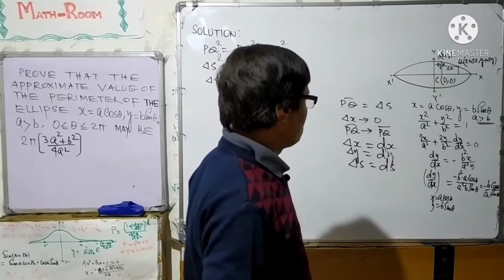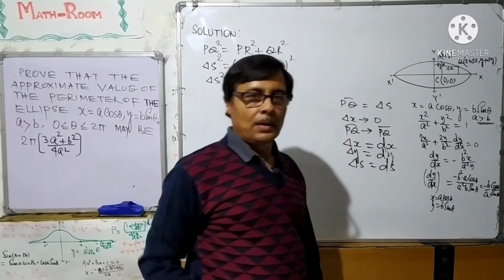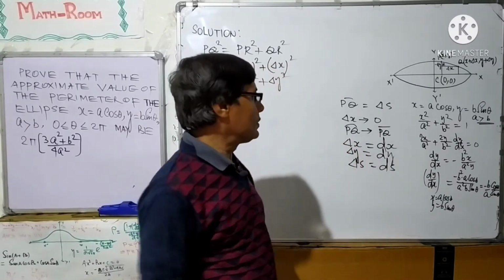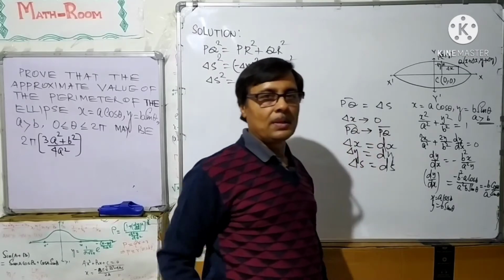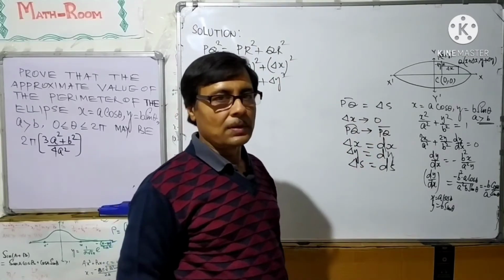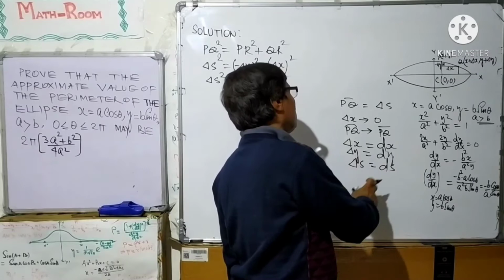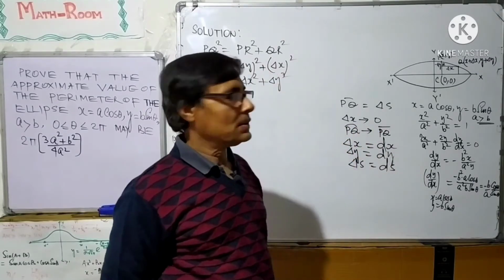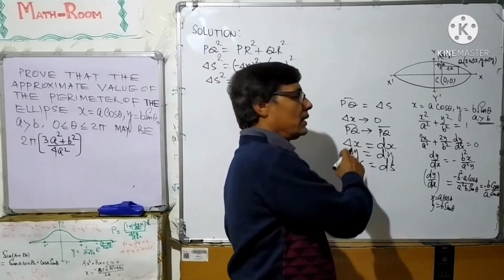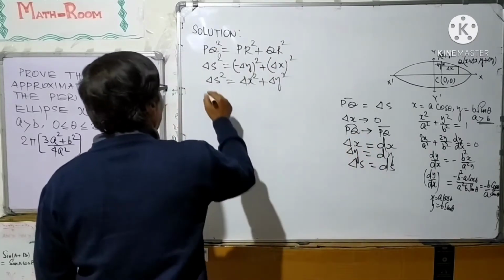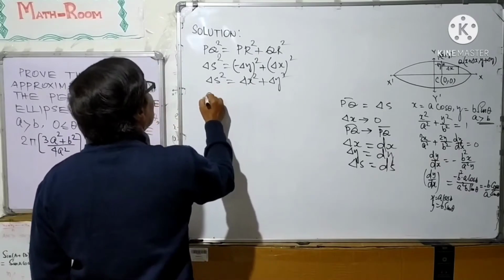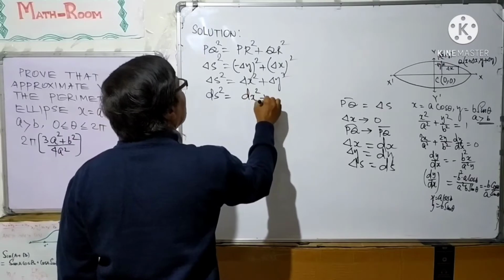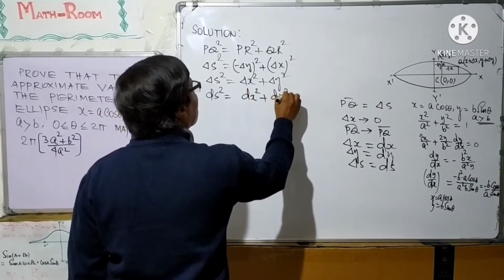We can take differentials of x, y and s instead of del x, del y and del s, because del x is infinitesimal, that is very close to 0. So we can write ds square equal to dx square plus dy square.